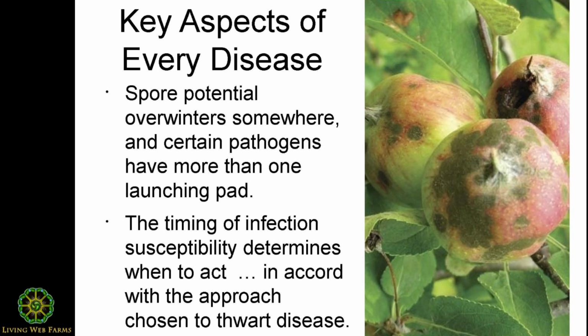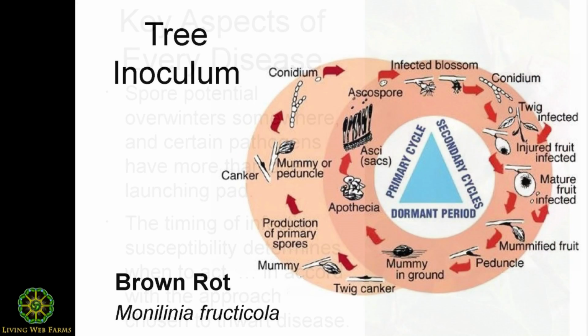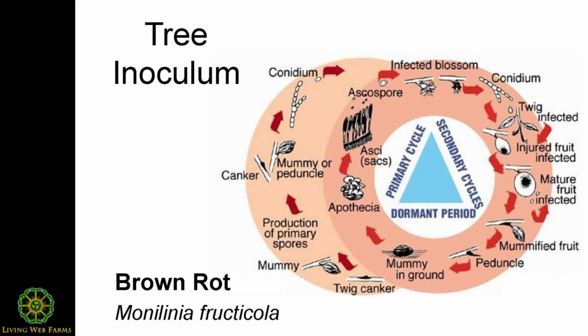And for different diseases, it shifts. When you talk about brown rot, we have a couple different launching pads, and a couple different timing windows when something might need to be done.